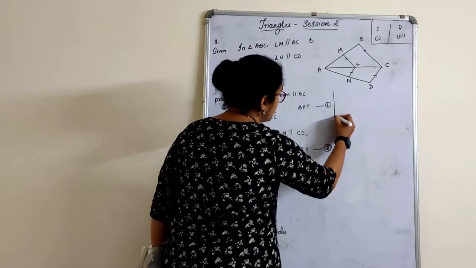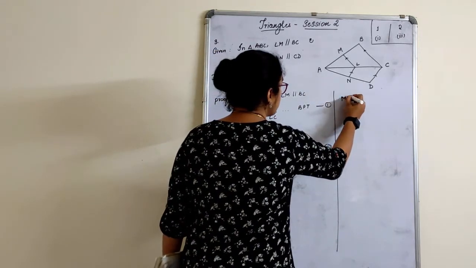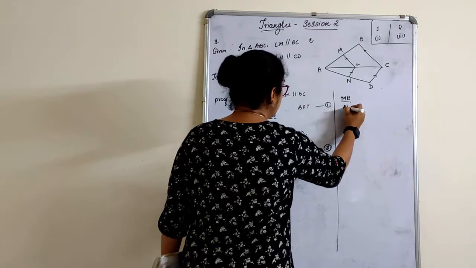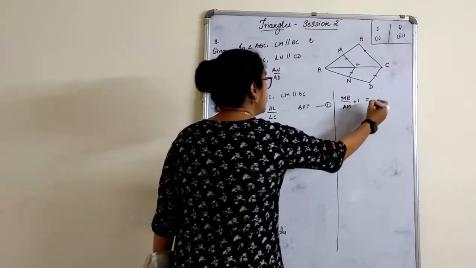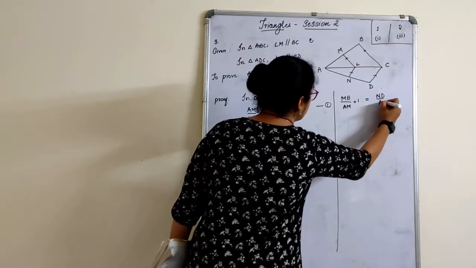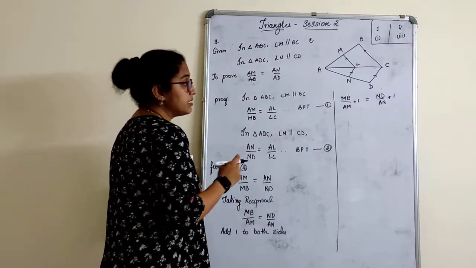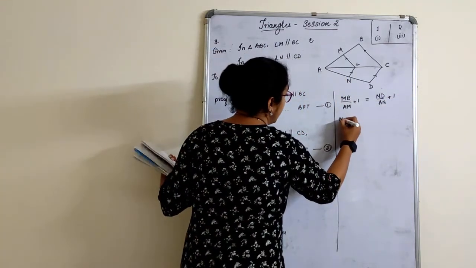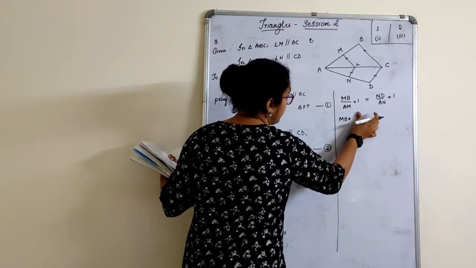I'll do it here actually. So MB upon AM plus 1 is equal to ND upon AN plus 1. Now you will understand why I took the reciprocal. See here, if I add MB plus AM, I have to take the LCM.